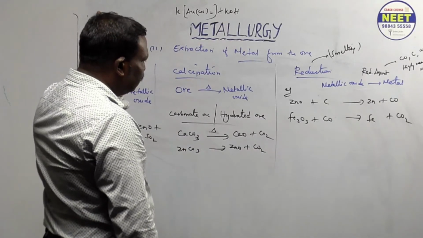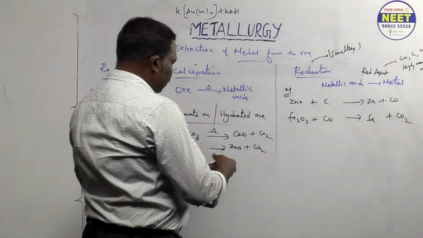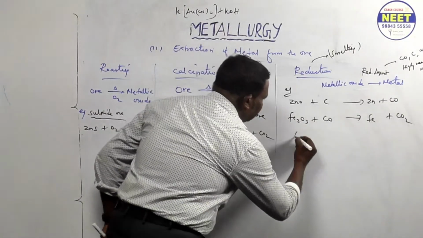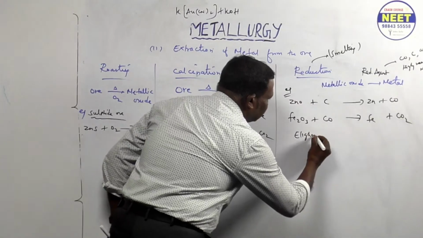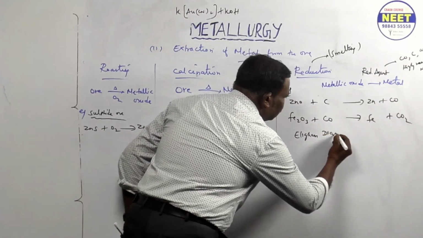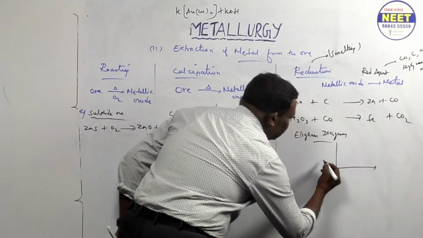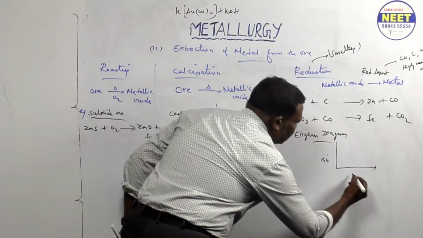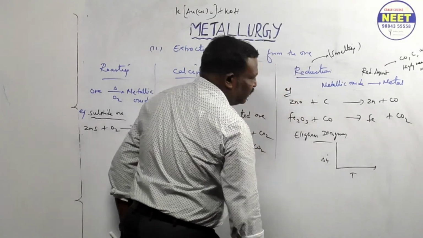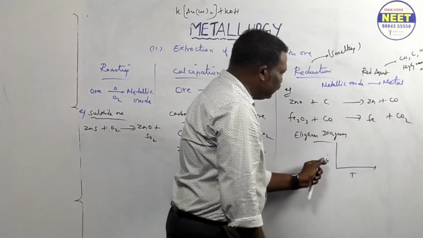Based on this, we have a diagram given, the Ellingham diagram. Just go through this one. Ellingham diagram means delta G naught versus temperature.